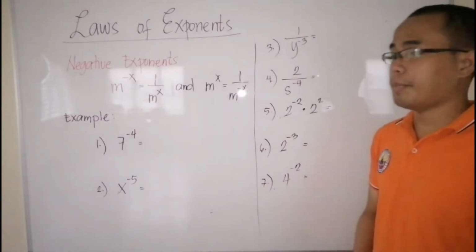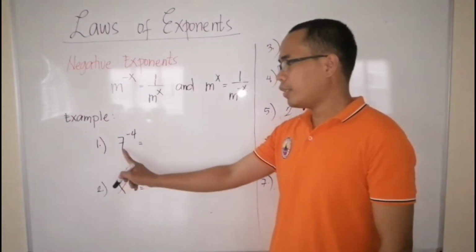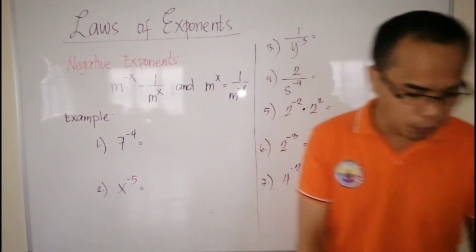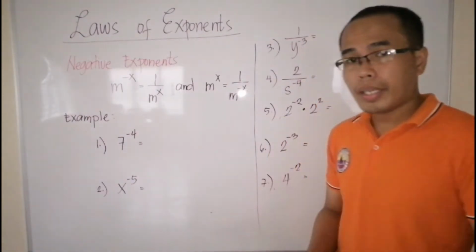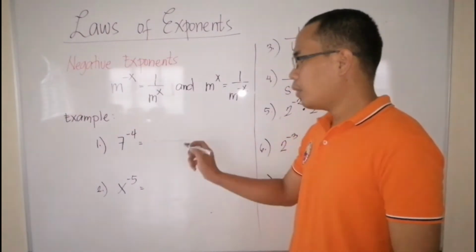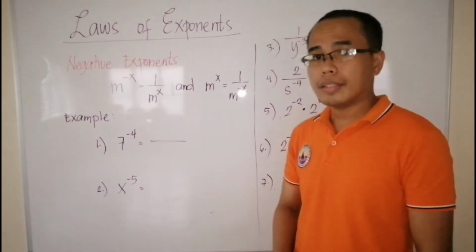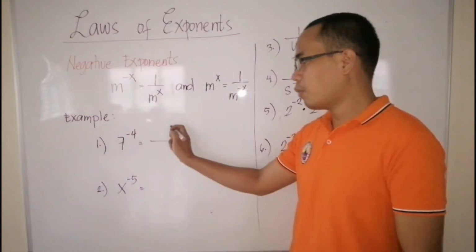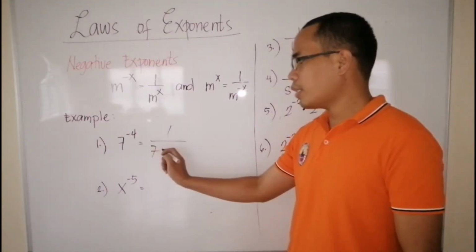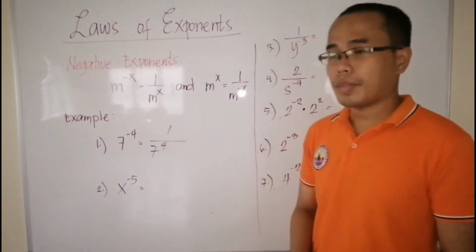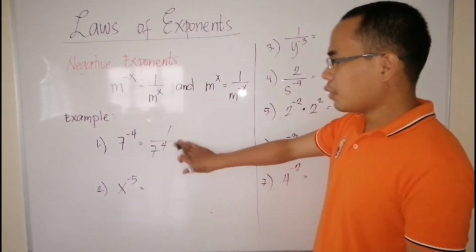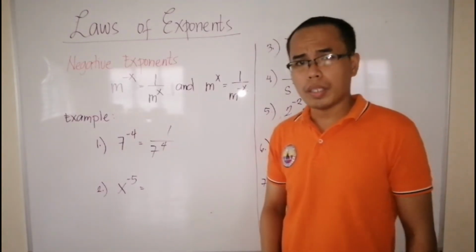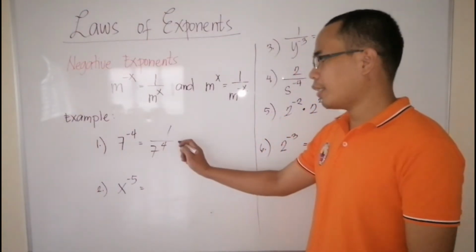Example para mas lalo natin maintindihan. So for number 1, 7 raised to negative 4. Para maging positive yan, kukunin mo ang kanyang reciprocal. So we have 1 and then 7 raised to 4. Diba? So magiging positive na siya. Since meron tayo dito constant with exponent, isi-simplify natin yan.